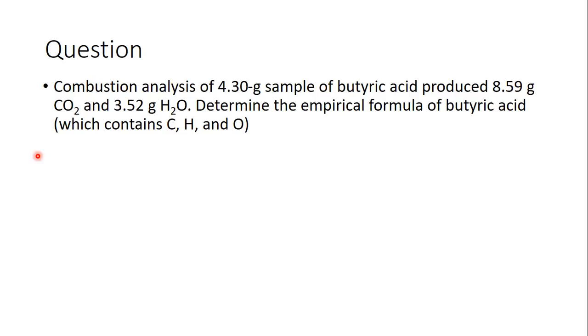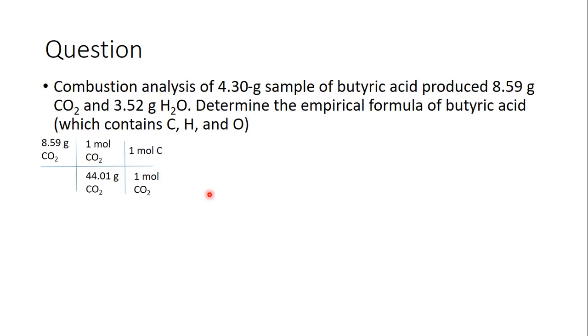Alright, let's look at how to do this. Dimensional analysis. We're going to start with the carbon dioxide. We have 8.59 grams of carbon dioxide. We know the molecular weight of carbon dioxide is 44.01 grams of carbon dioxide per mole of carbon dioxide. We know for every 1 mole of carbon dioxide, we have 1 mole of carbon in the actual formula.